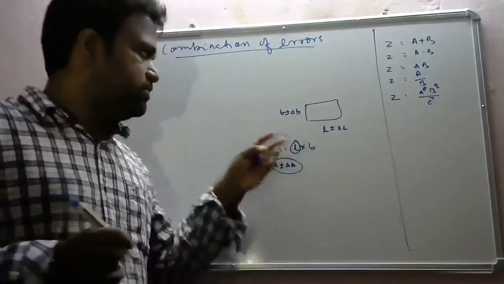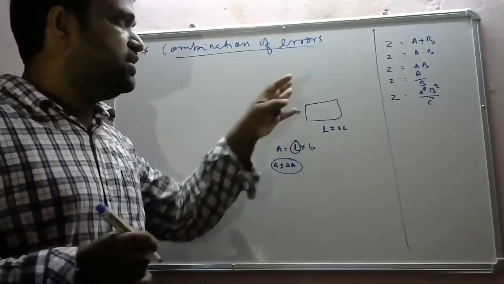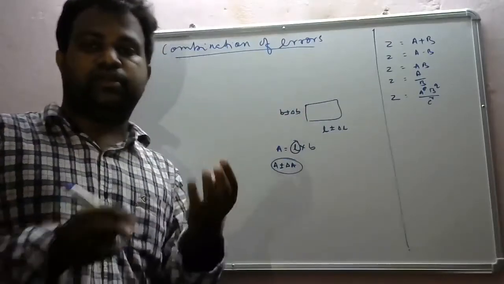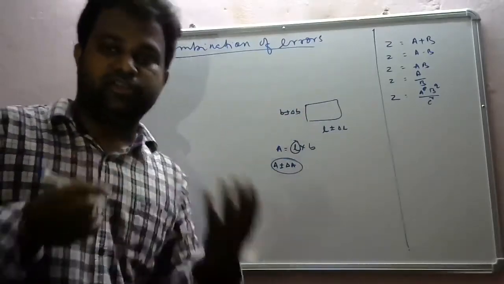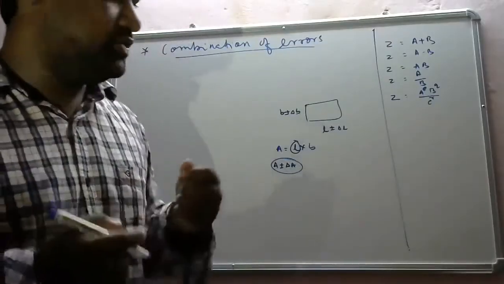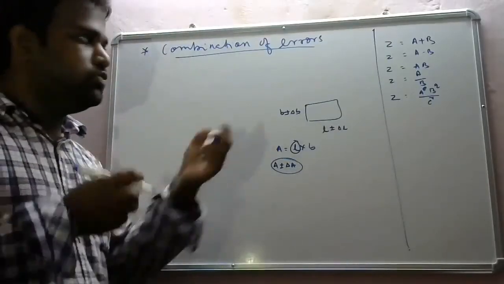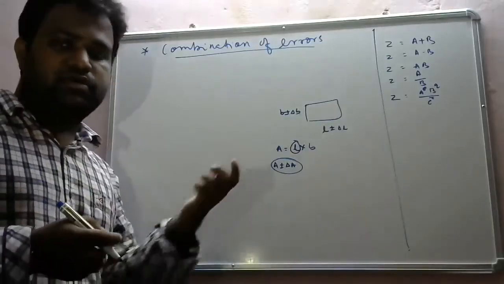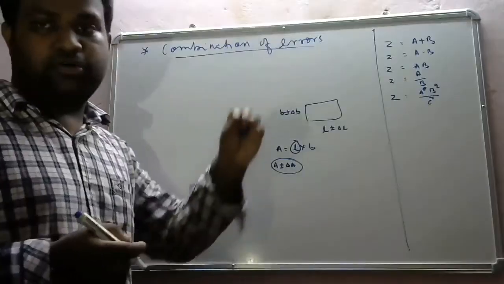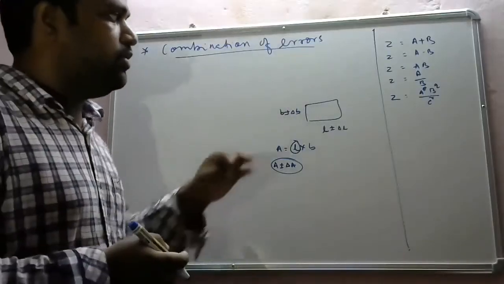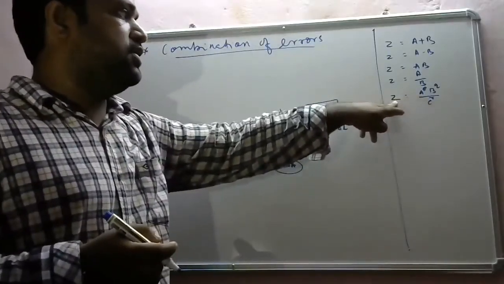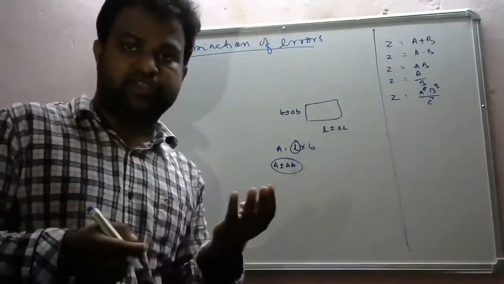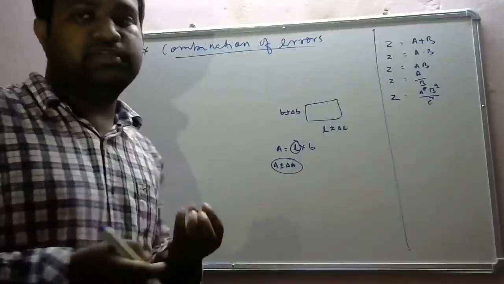From a single error, we can calculate the absolute error, relative error, and the percentage error. But if two quantities are added, subtracted, or their product or division is taken, or if the formula is like a to the power p, b to the power q, c to the power r, such types of formulas are there, then what will be the error in the result?